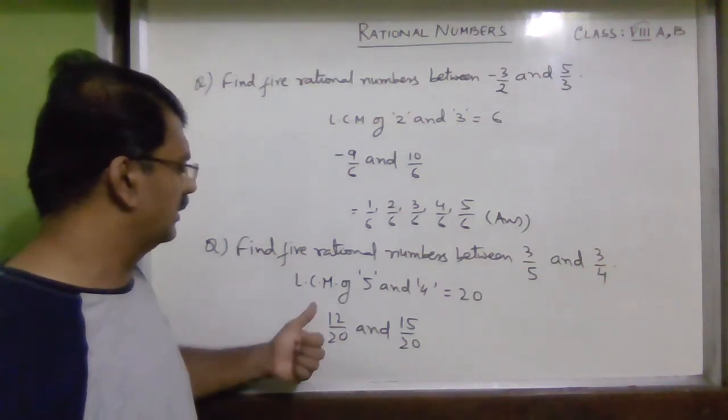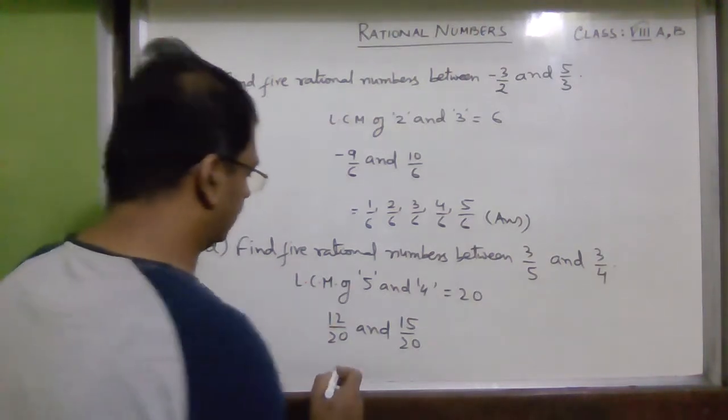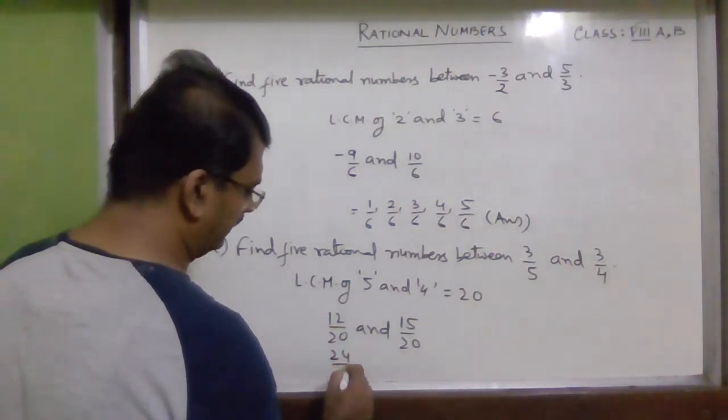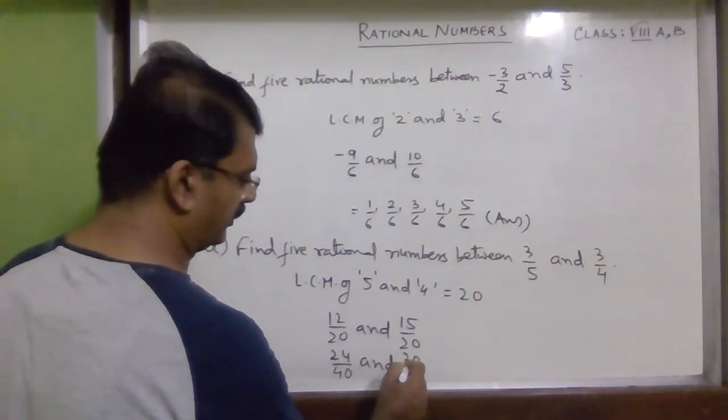So what we do, we multiply both the numerator and denominator by 2 here. So it will be 24 upon 40, and there also you multiply by 2, so 30 upon 40.